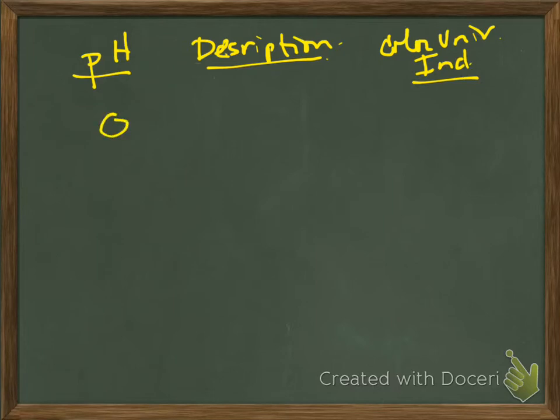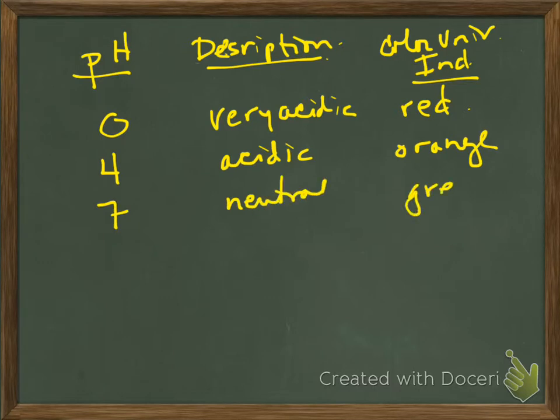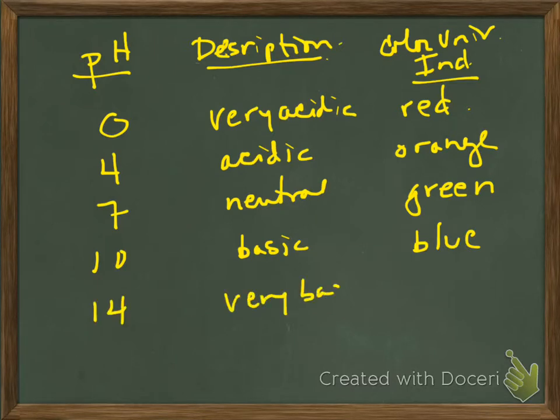So if my pH is 0, it is described as very acidic, and the universal indicator will show red. pH of 4 is described as acidic, and universal indicator will be orange. pH of 7 is neutral, universal indicator will be green. pH of 10 is described as basic, indicator will be blue. pH of 14 is very basic, and universal indicator will be purple. Don't know if you need to memorize that or not, but maybe it'll help you with some weird multiple choice question.